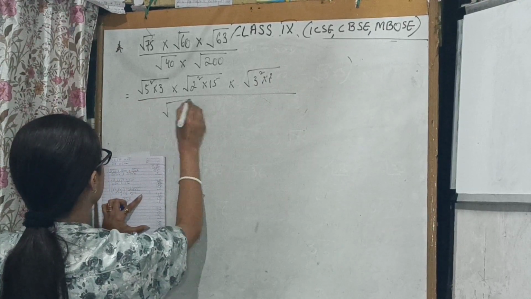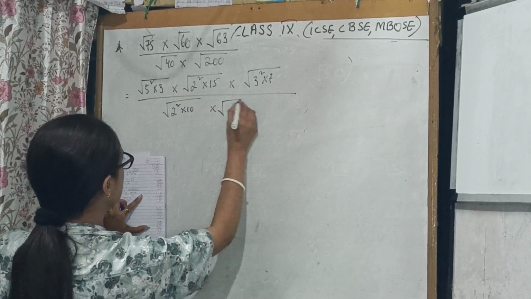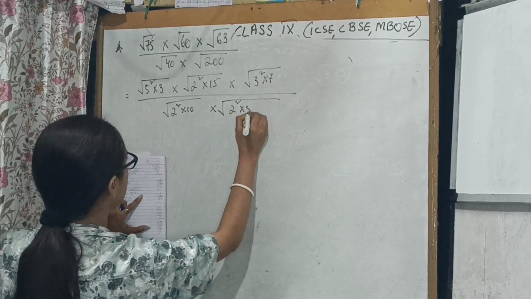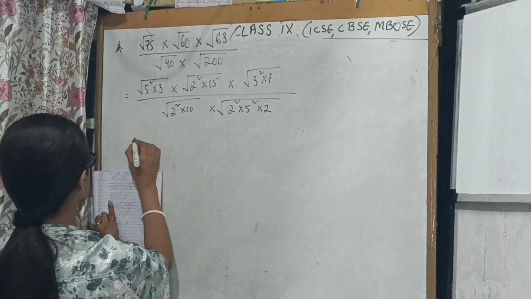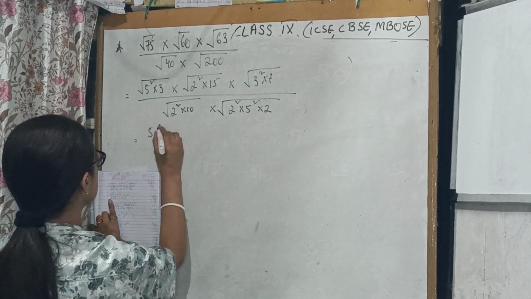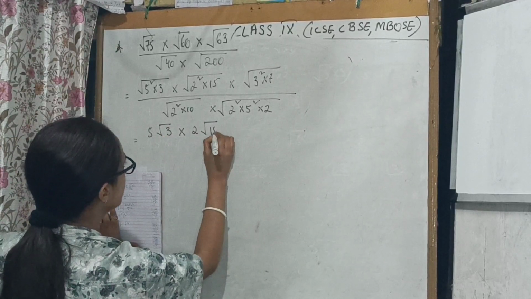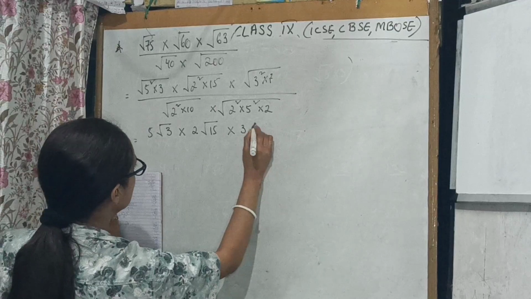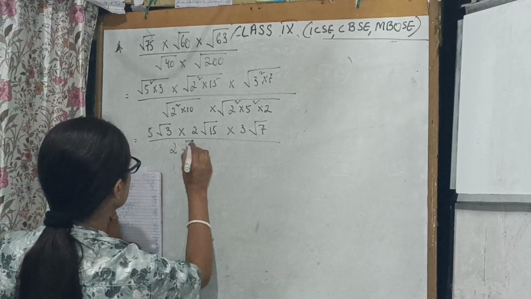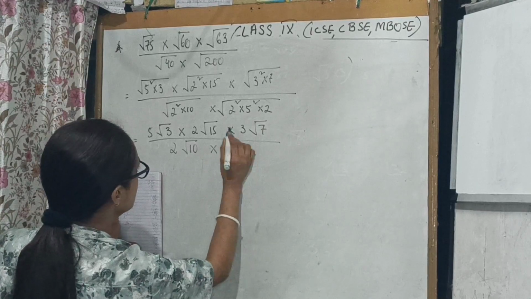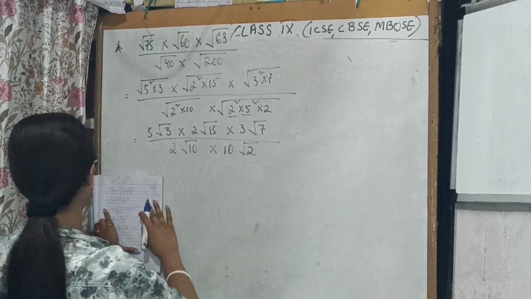And this will be 2 square into 10 into 2 square into 5 square into 200 का. ठीक है? 5 square root of 3 into 2 root over of 15 into 3 root over of 7. 2 root over of 10 into ये and ये is 10 root over of 2.